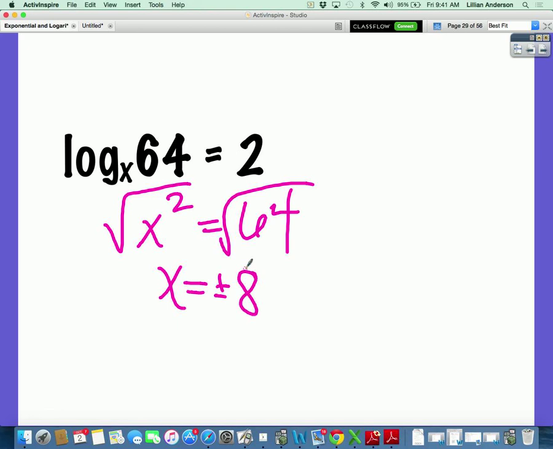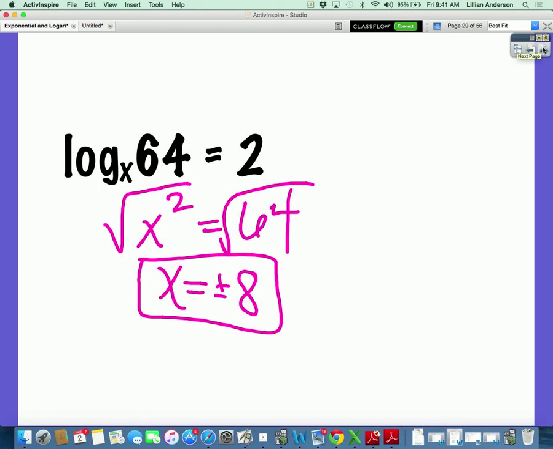Actually, there's no but. It is plus or minus 8. Negative 8 and positive 8 would work. So yes, your bases can be negative. If that was a 2-point question, you would have to have both to get both points. I have seen that.